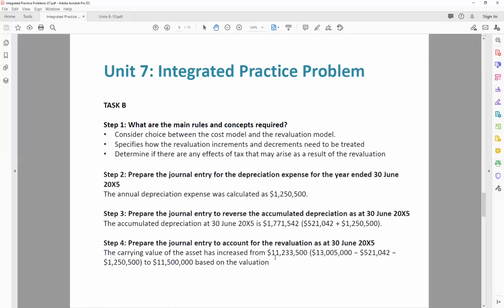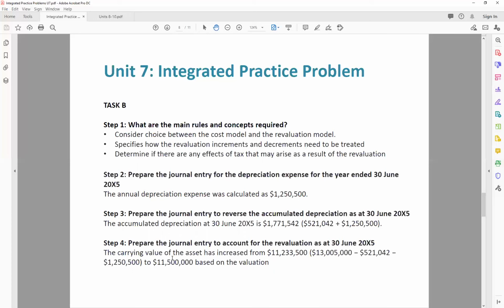And so what we're left with is, well, what is the carrying amount of the asset versus what it needs to be based on its new fair value. The carrying amount of the asset, once we netted out the depreciation, is 11,233,500, and we're told that there's a fair value adjustment of 11.5 million.